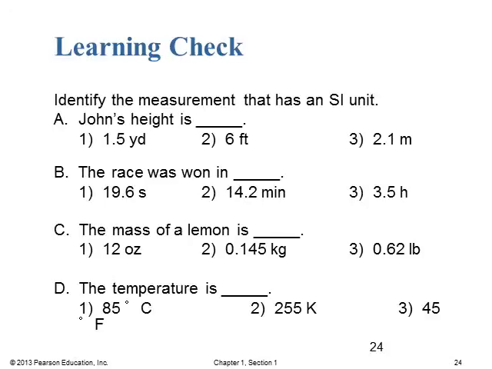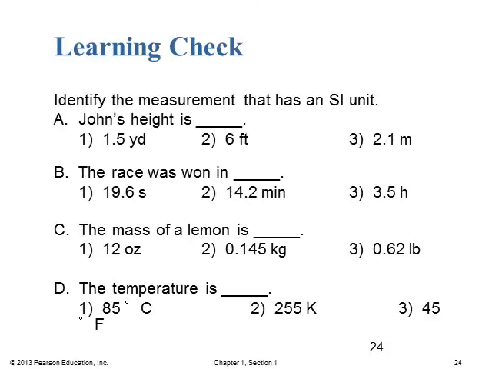Scenario C, the mass of a lemon is, 1 is in ounces, 2 is in kilograms, 3 is in pounds. The SI unit for mass is kilograms, so that would be choice 2. And then lastly, scenario D, the temperature is, choice 1 is in Celsius, 2 is in Kelvin, and 3 is in Fahrenheit.